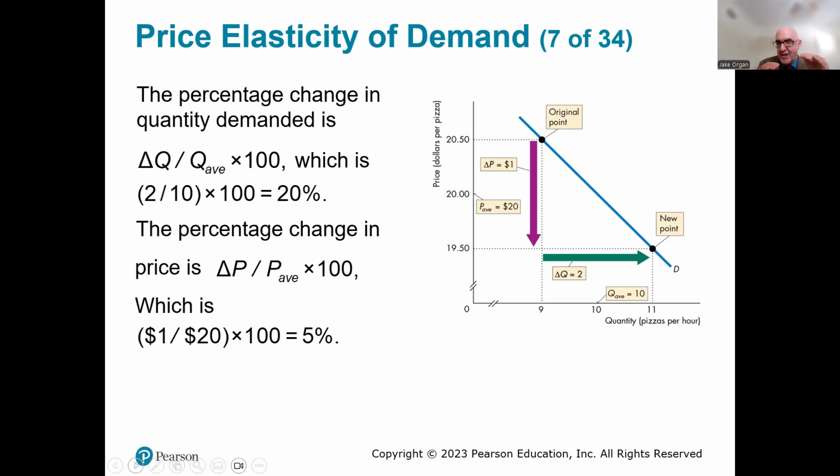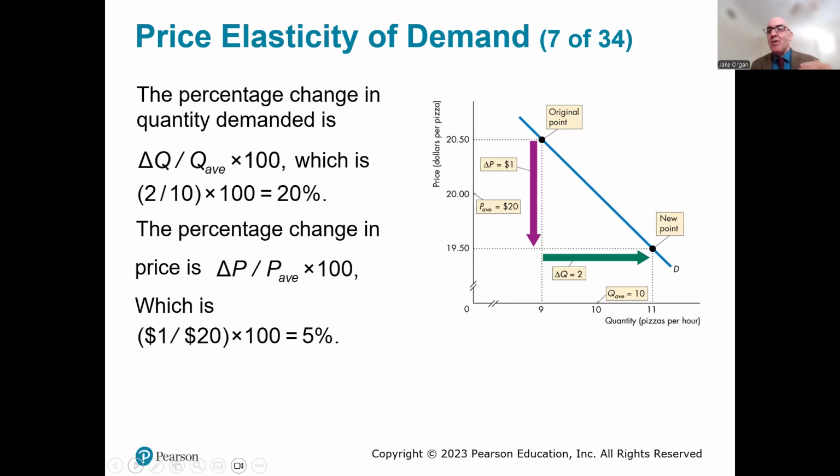So it's like the average. Basically we go from 9 to 11, which is minus 2. We just use the absolute value, 2, over the average of these two quantities. 9 plus 11 is 20, over 2 is 10. So it's 2 over 10. So it's a 20% movement in quantity.